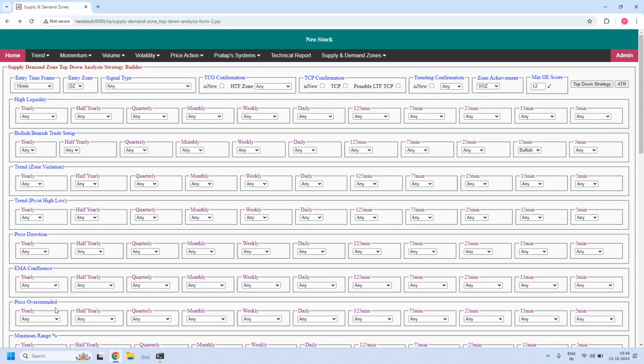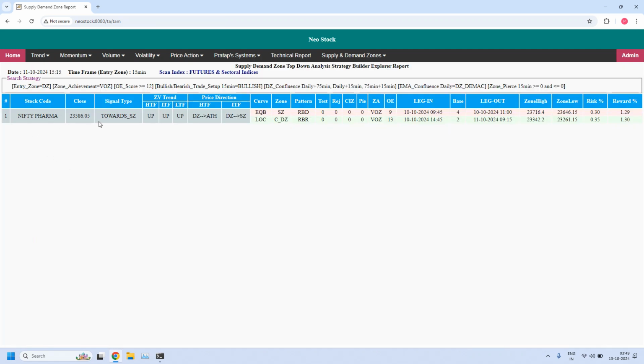So that's why we have to verify daily EMA confluence. In the EMA confluence, daily time frame, if the daily demand zone is having daily EMA confluence, it is a high probability setup. One stock is filtered, NIFTY Pharma, but unfortunately it is an index, not listed in the F&O category.